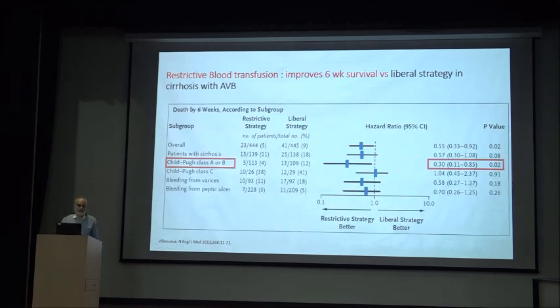The effect on mortality was also shown: restrictive blood transfusion improved 6 weeks survival versus the liberal strategy. In Child-Pugh A and B, there was a clear-cut beneficial effect, whereas in Child C, the effect could not be shown. In patients with cirrhosis overall, there was a beneficial effect on mortality.